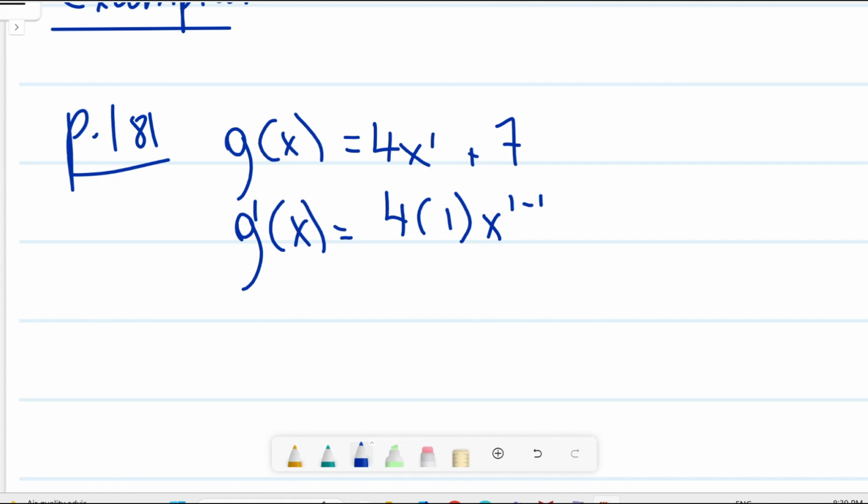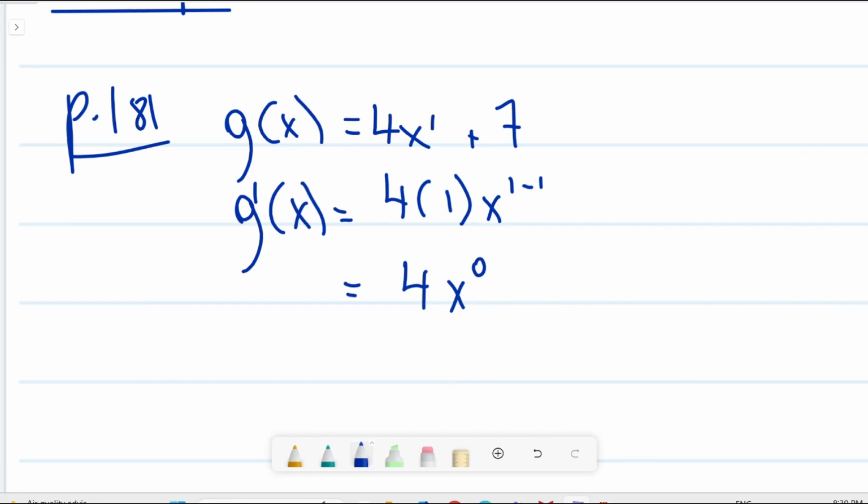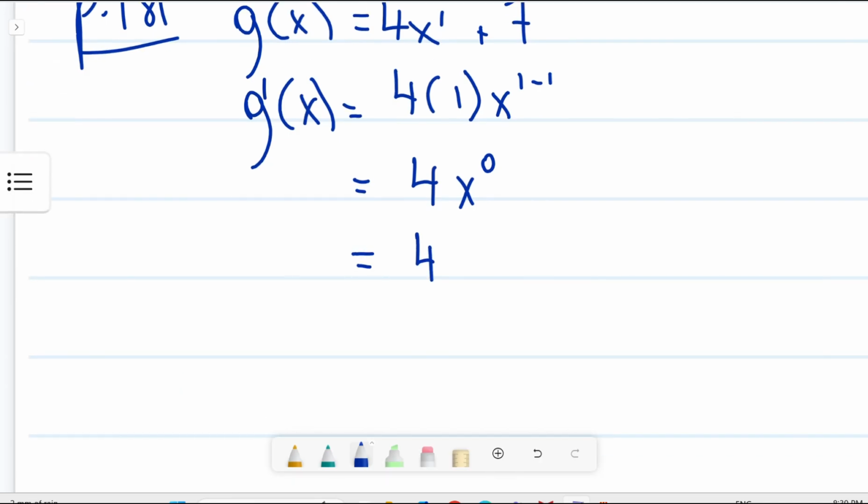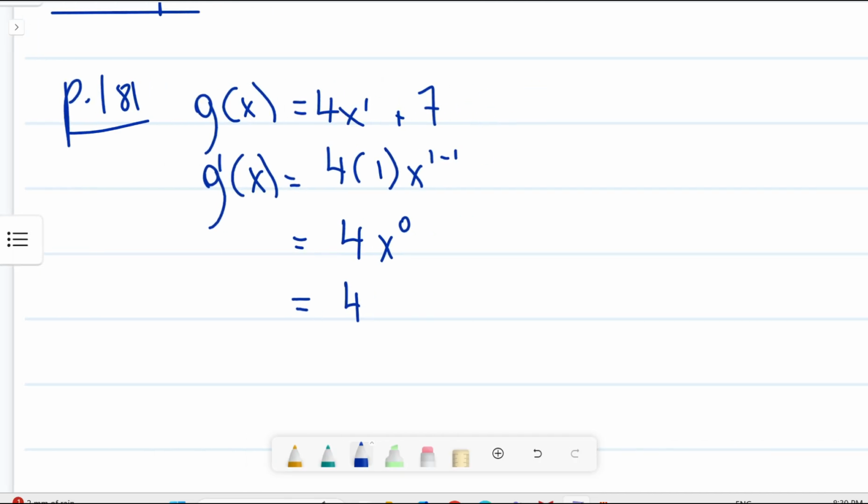Now 7 is a constant, and the derivative of a constant is 0. So this is in fact our answer. We will simplify it slightly. So 4 times 1 is 4. 1 minus 1 is 0. So x to the power of 0 is 1. So this leaves us with 4 as our answer.